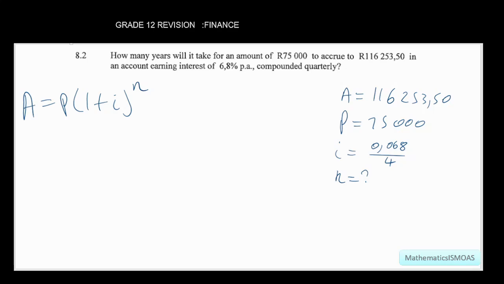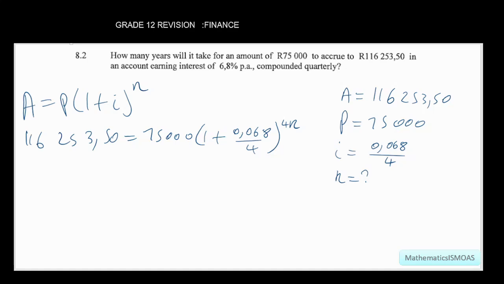So let's substitute. 116,253.50 is equal to 75,000 times (1 plus 0.068 divided by 4) all to the power of n. That's what we are calculating, but this is compounded quarterly. Therefore, we multiply n by 4, and we have 4n.